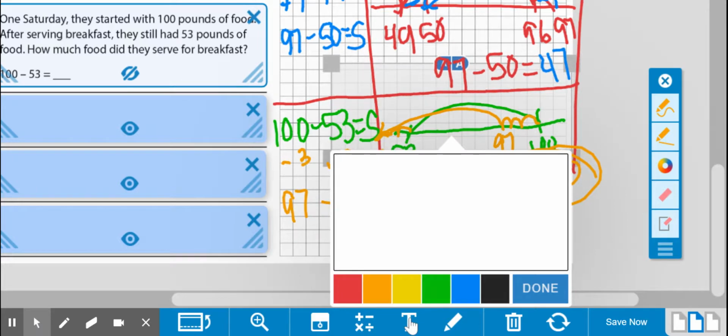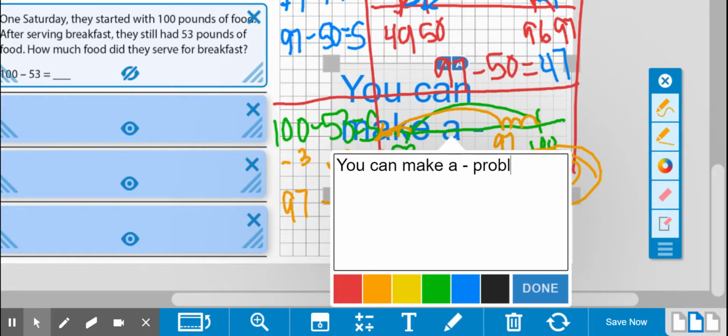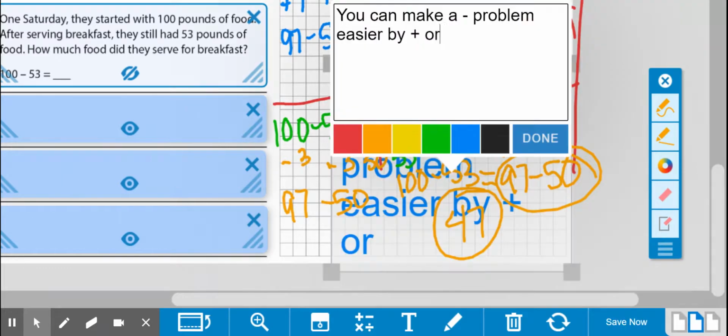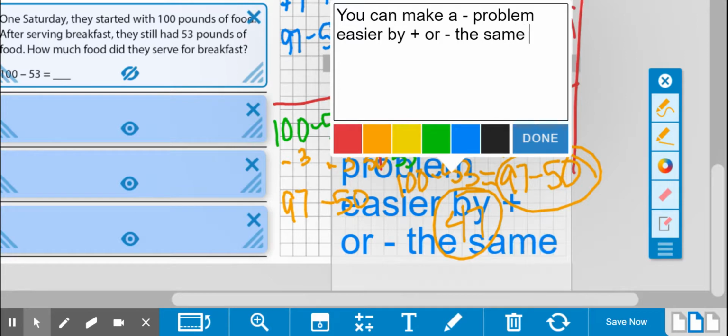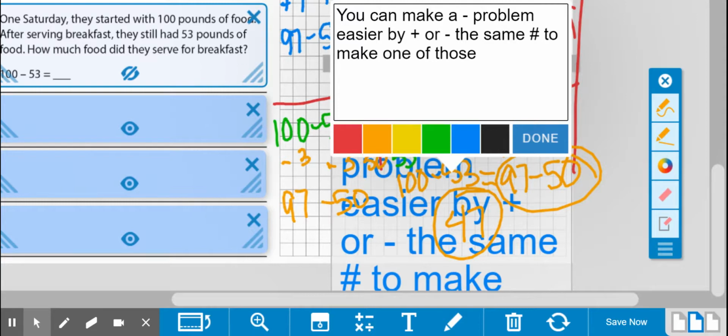All right, here is your connection. You can make a subtraction, that's this problem, easier by adding or subtracting the same number to make one of those numbers friendly, right?